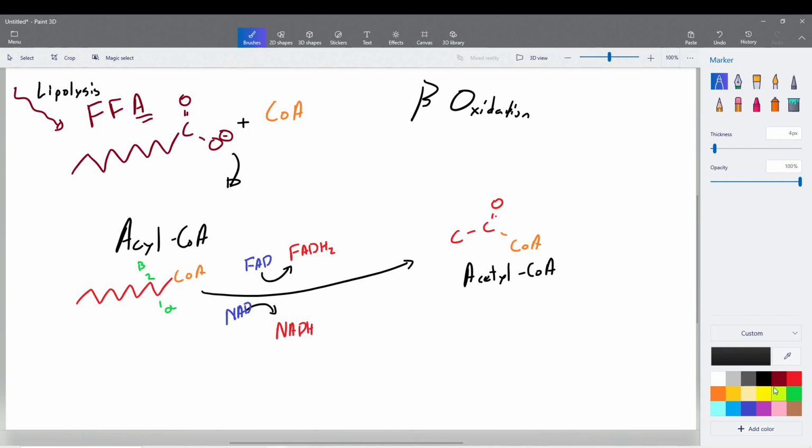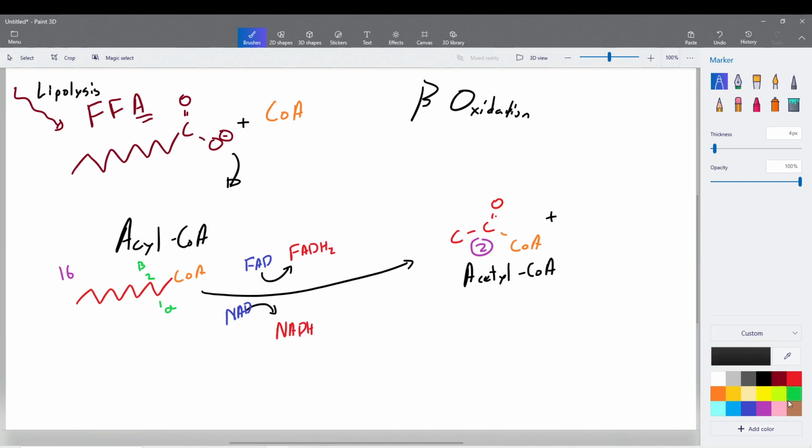So, follow the bouncing ball, if this was originally, let's say, a 16-carbon acyl-CoA, then at the end of it, we've broken 2 of those carbons off. So what is left over from this product?